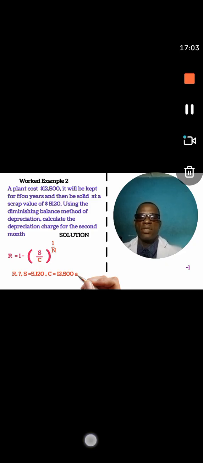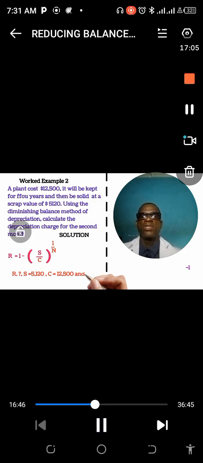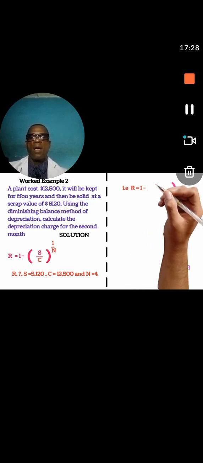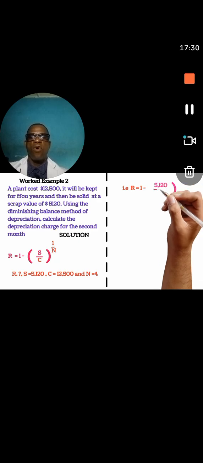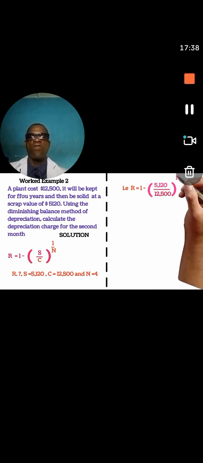We replace those figures in the formula and calculate the rate, after which we prepare the depreciation schedule. So r is equals to (5120 over 12,500) raised to the power 1 over 4.